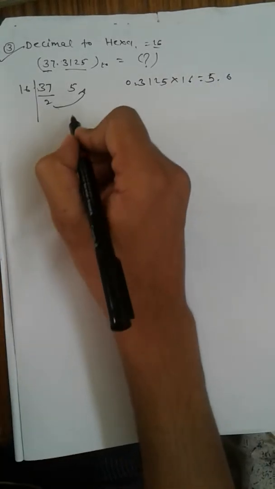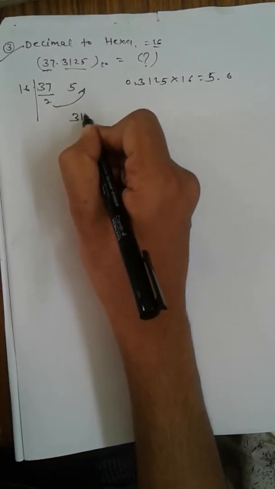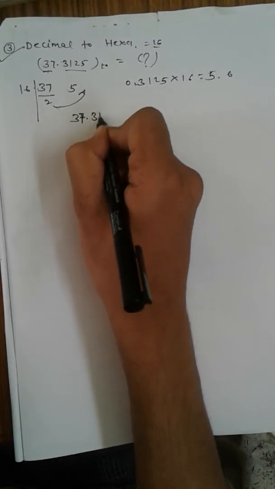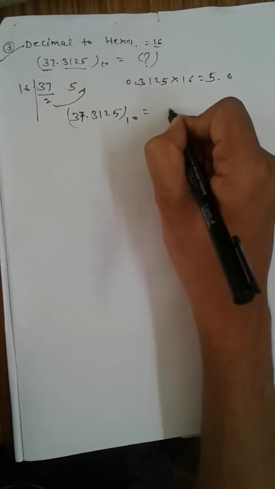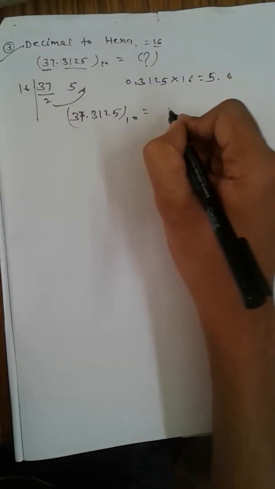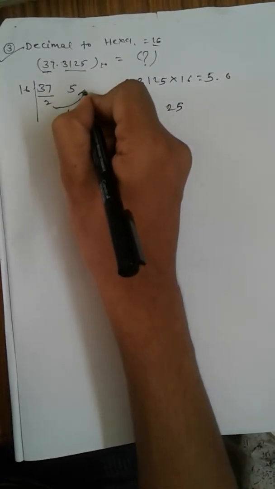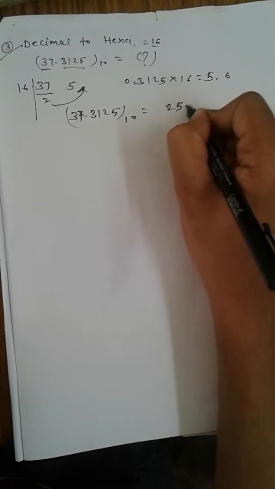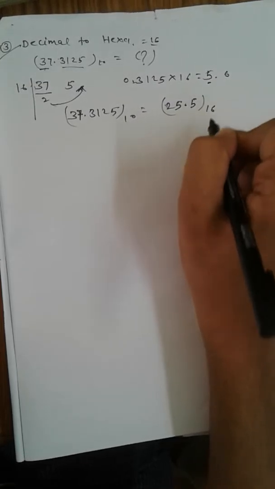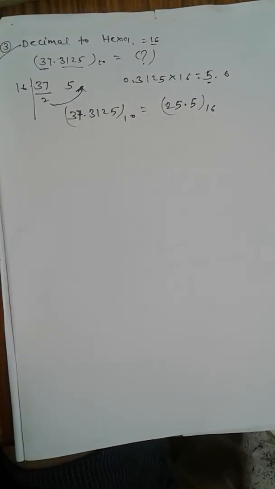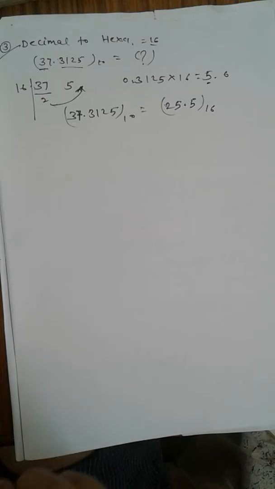So the hexadecimal equivalent of 37.3125 is 25, and then the fraction only has 5, so 0.5. This is hexadecimal.